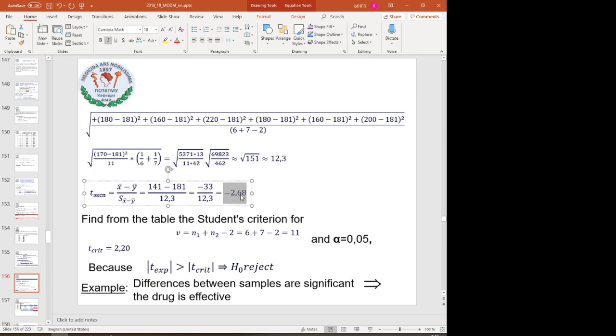We should compare the experimental value by its absolute value, and its absolute value is greater than 2.20. So with a significance level of 0.05, we conclude that the zero hypothesis is rejected because the critical value is less than our experimental value. So our drug, even in this preliminary study, is effective.